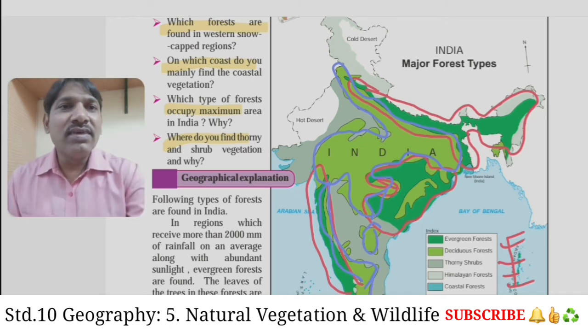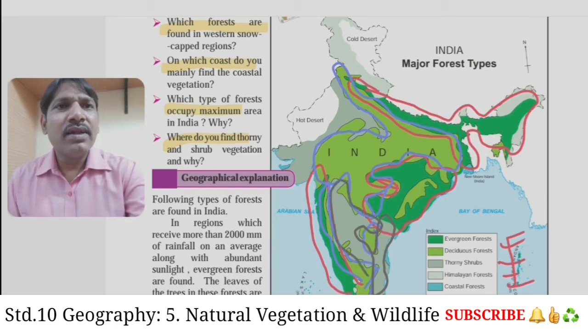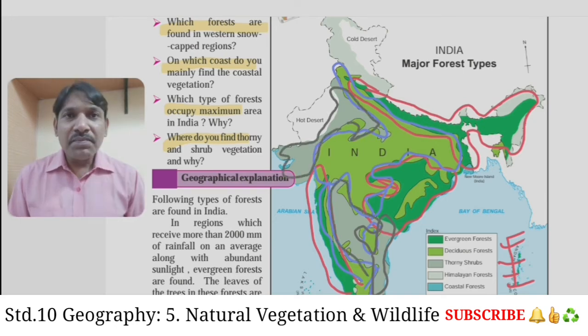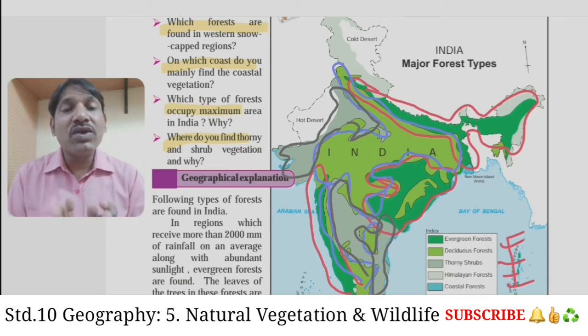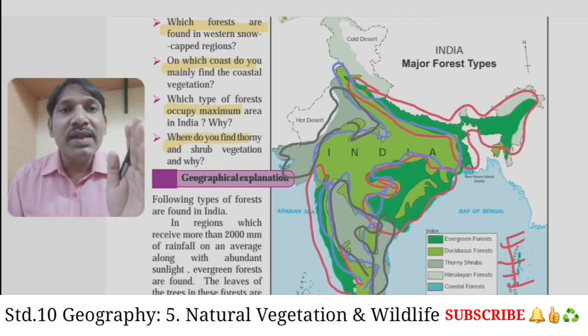Okay, yes, students, now see here this area, this I am shading right now. Okay, this area. Here also the part of Gujarat. In this area we can have thorny shrubs. Okay students, have you understood? And why do we have thorny shrubs here? Because of the lower rainfall, that is below 500 millimeter.